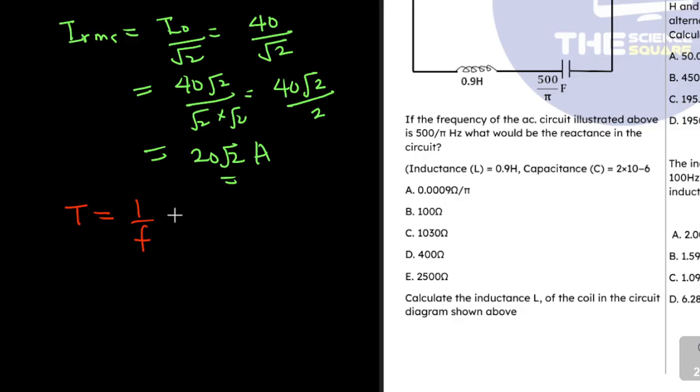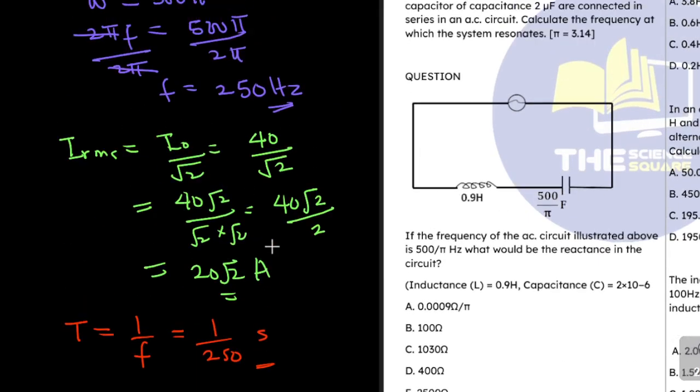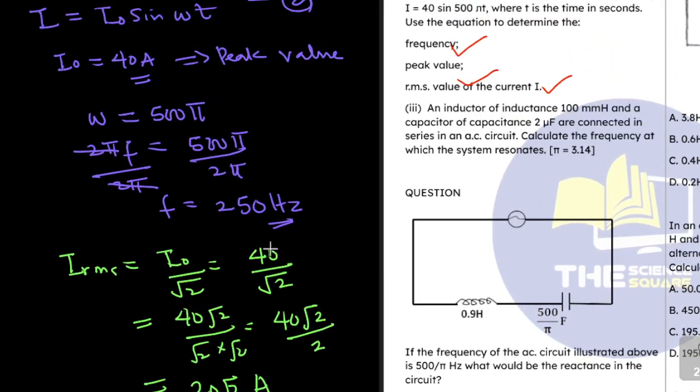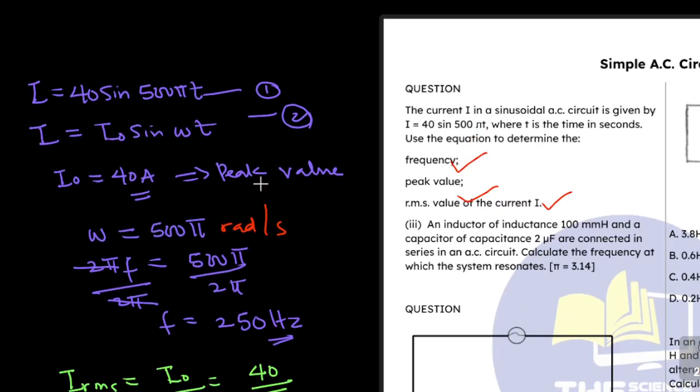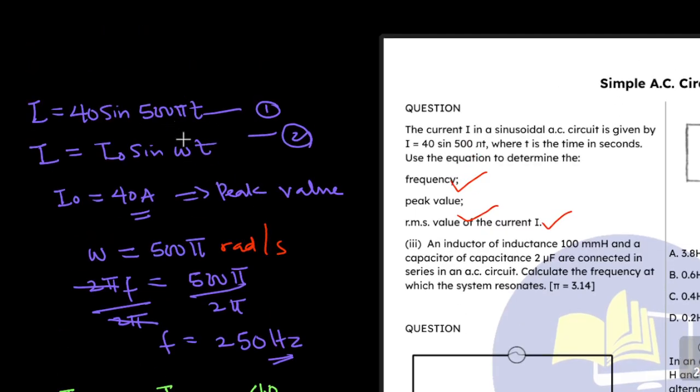So in this question, it is going to be 1 over 250, and you compute your answer in seconds. The question could also have asked you to calculate your angular frequency or angular velocity, which is 500 pi rad per second, by directly comparing the two equations.